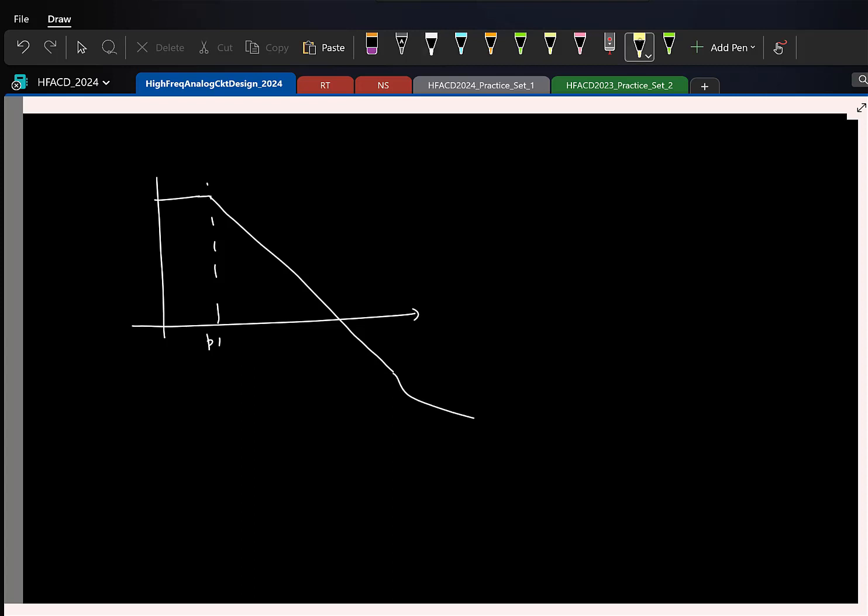For all practical purposes, we can approximate it as a first order system. P1 is the dominant pole that is formed by the output conductance and the output capacitance.